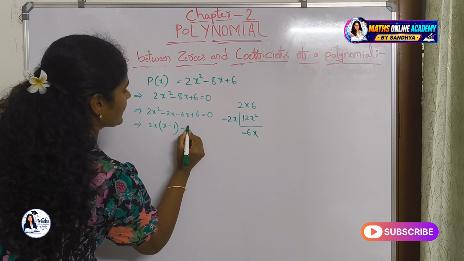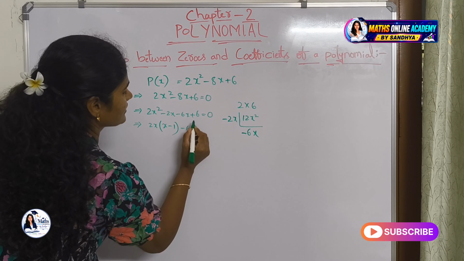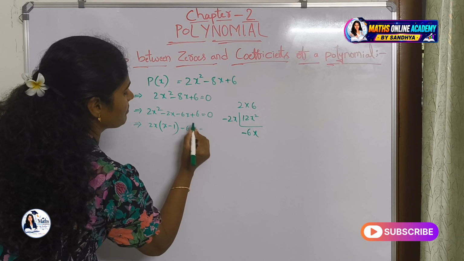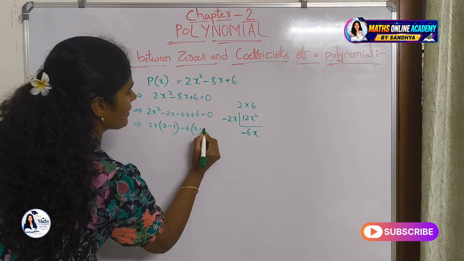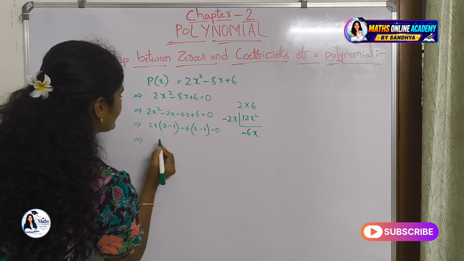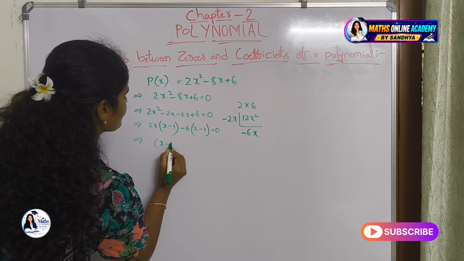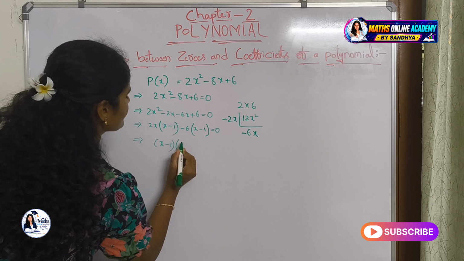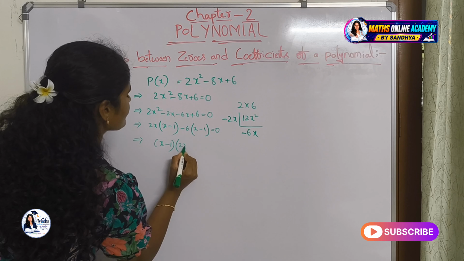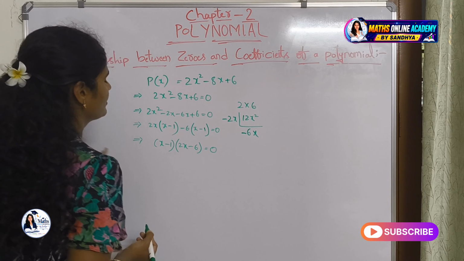And here you take minus 6 common. Minus 6 times x, minus into minus, plus. You finally get plus, so minus 1 equal to 0. In both you take the common x minus 1. Here the remaining is 2x, and here the remaining is minus 6, equal to 0.